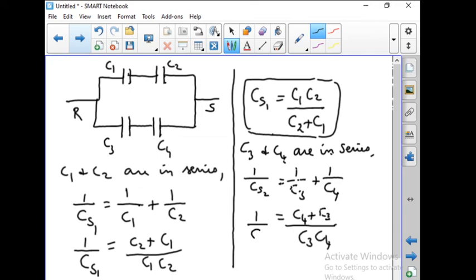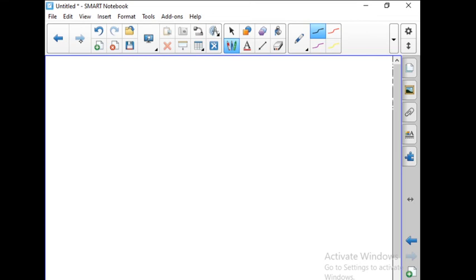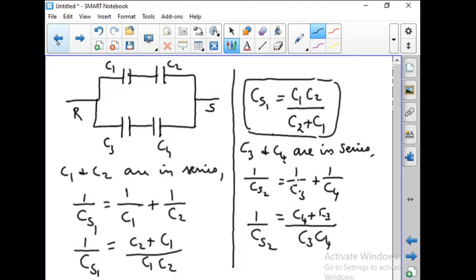This is the value of 1 by CS2. What is the value of CS2 then? CS2 is equal to C3 C4 by C3 plus C4.